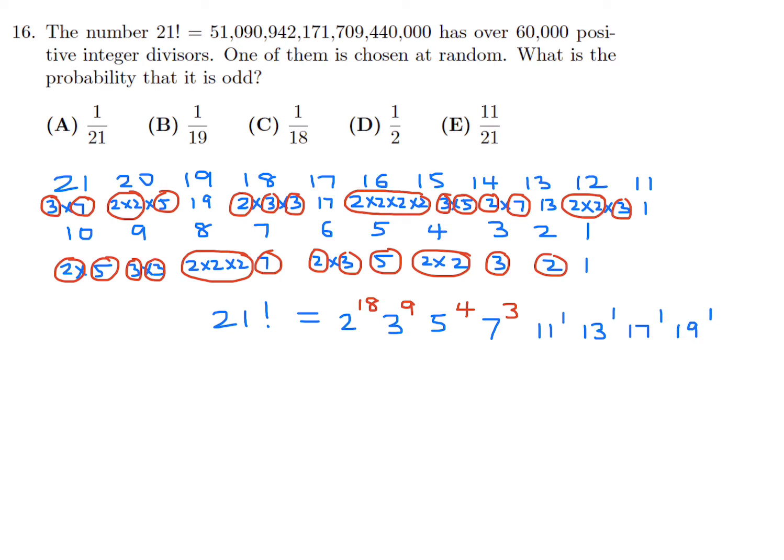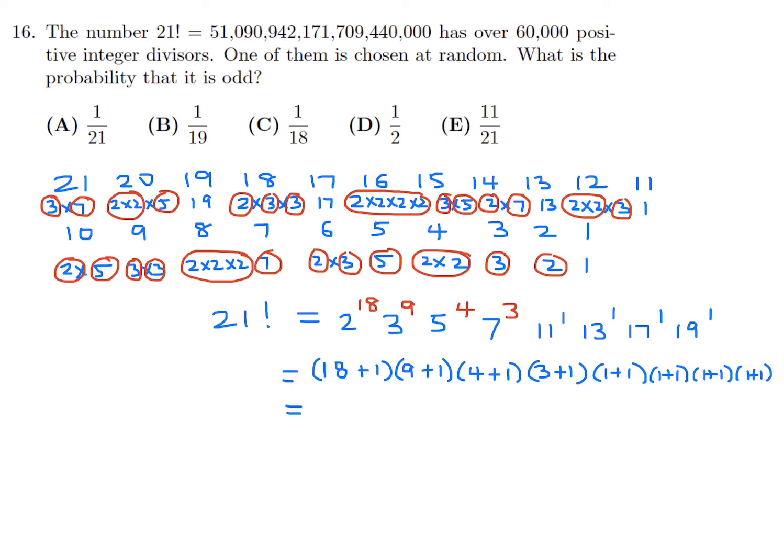Okay, now to figure out the number of divisors, you would do the following. 18 plus 1 times 9 plus 1. Then the next one is 4 plus 1. The next one is 3 plus 1, and so on. And then the last ones would give you 1 plus 1, 1 plus 1, 1 plus 1, and 1 plus 1.